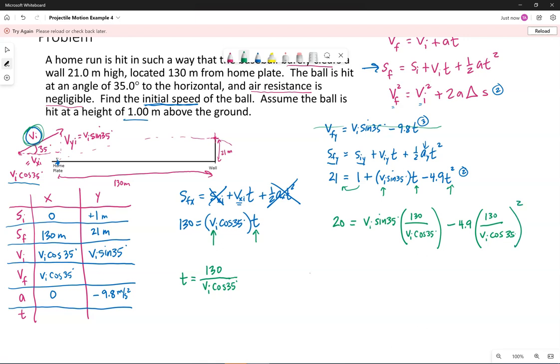All right, so 20 is, in this first term, the V initials will cancel. I have sine 35 over cosine 35. Sine over cosine is tangent. And then I still have the 130 there. So this term right here ends up being a number that we can calculate. The last term we can factor through as well.